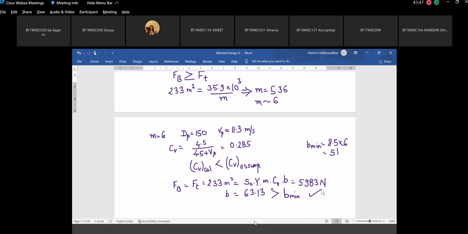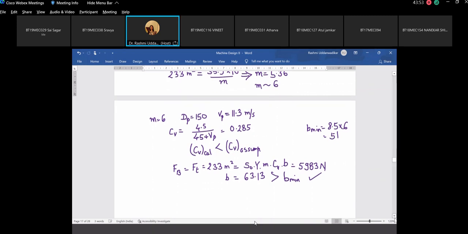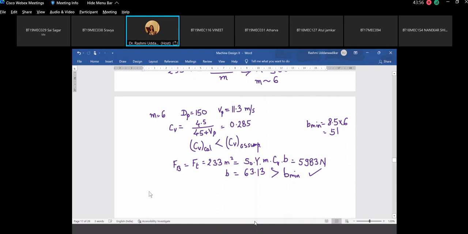Now we have to go with the value of FD, the dynamic load. FD is FT plus FI, the incremental load. Now calculate FI. The formula for FI is given. All the values are also known to you, where FI is 21 times VP, known to you. The value of C we get from the data book, error E we get from the graph.